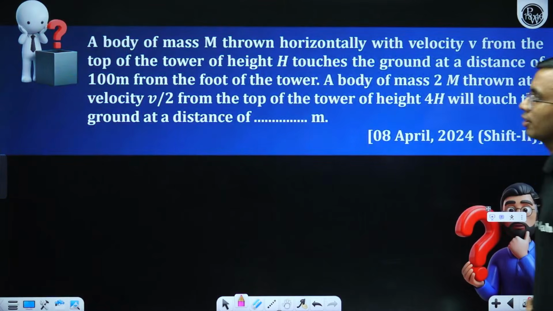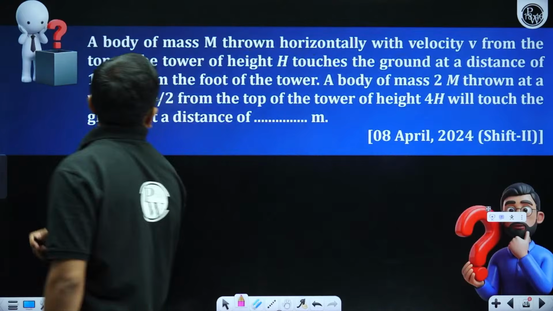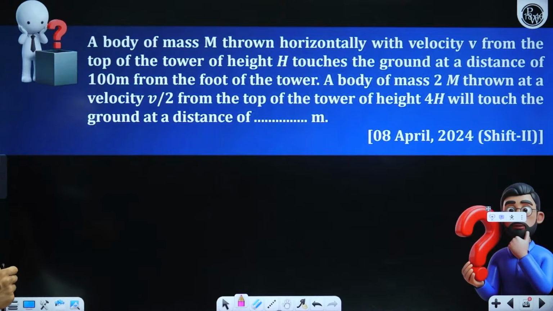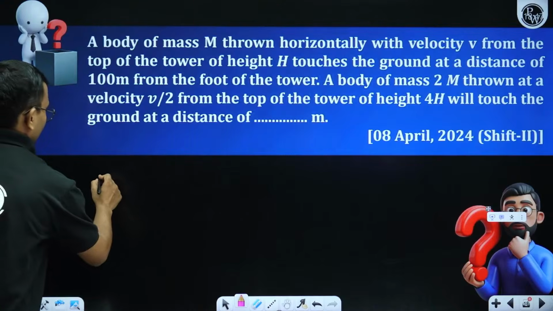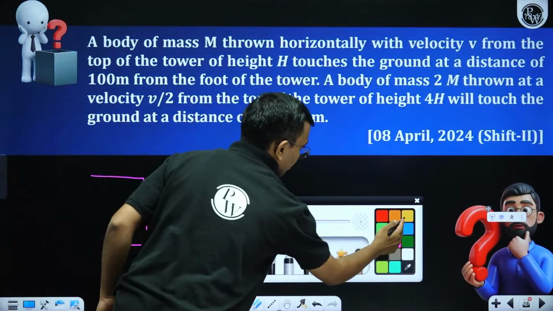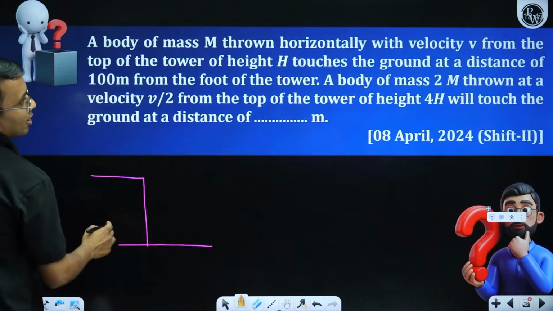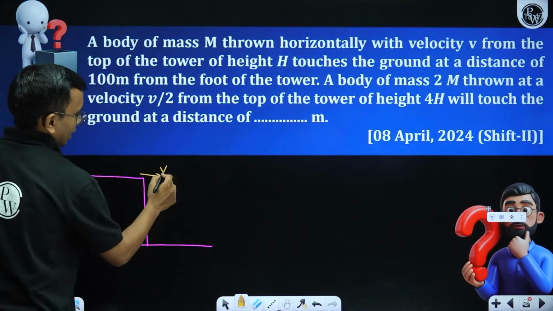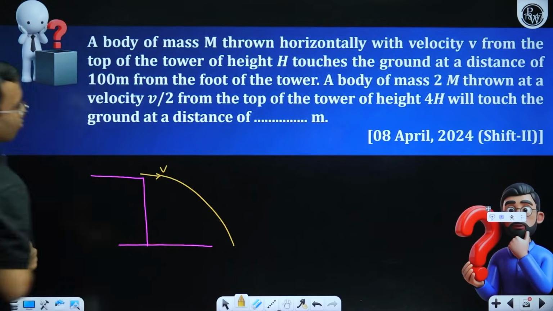Question. A body of mass m thrown horizontally with velocity v from the top of a tower of height h touches the ground at a distance of 100 meter from the foot of the tower. Body of mass m is thrown horizontally with velocity v, means like this. It goes like this.